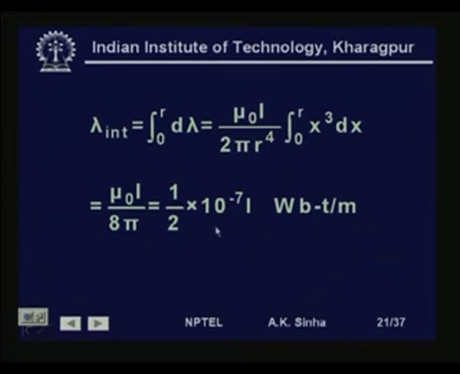So the internal flux linkage is constant, that is half into 10 to the power minus 7 into I. It depends on the current which is flowing, and it has nothing to do with the radius of the conductor.